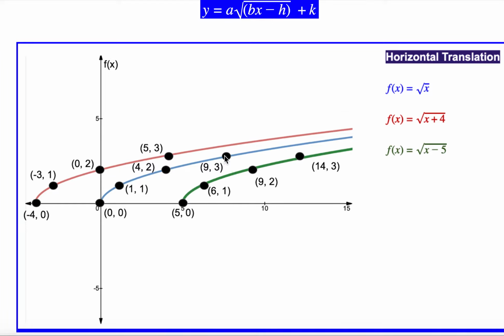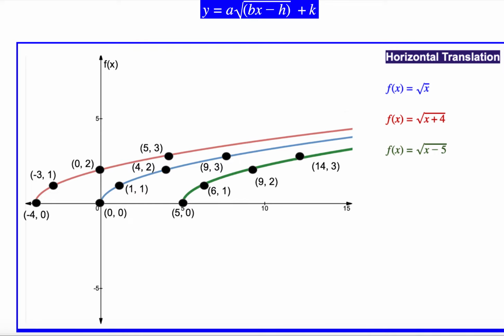And the fourth point, in fact, is (9, 3), and it is going to change to this point, 4 units to the left, (5, 3), and the y coordinate of the point doesn't change at all.